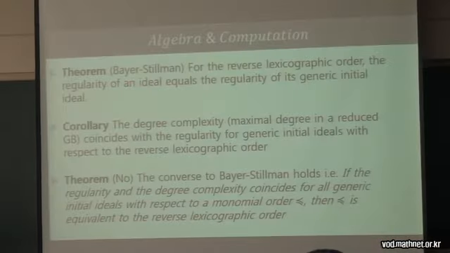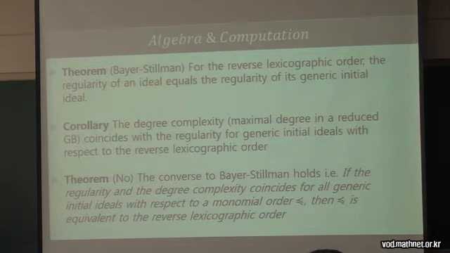So the famous theorem by Bayer and Stillman is that for the reverse lexicographic order, the regularity of an ideal equals the regularity of the generic initial ideal, right? And for Borel fixed monomial ideals, the degree complexity, which is the maximal degree of Gröbner basis computation reduced to Gröbner basis, is the same as the regularity for those monomial ideals.